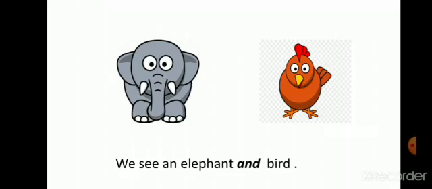So we can make sentences by using the word and. So if I ask you what do you see in this picture, you will say we see an elephant and bird. Yes, you are correct, right? Now we'll move to the next.